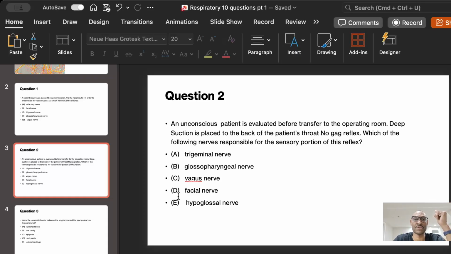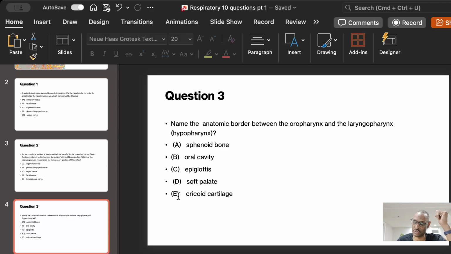Then number three is: name the anatomic border between the oropharynx and the laryngopharynx. This is anatomy of the upper airway again, and this one is asking about the borders.